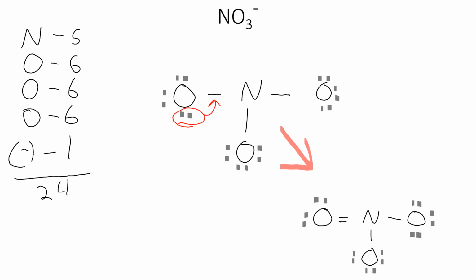So when something's charged, generally what we do is we put the entire Lewis structure in brackets, and we put the charge outside the brackets to really reflect that, hey, this is not a neutral molecule, this actually has charge to it. So what we see on the bottom right would be one of the resonance structures for NO3-.